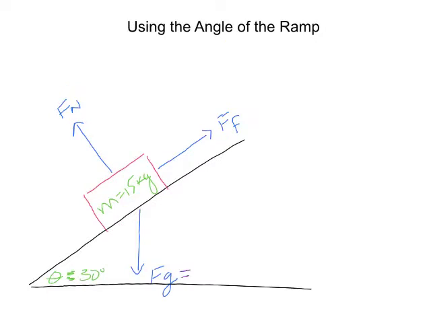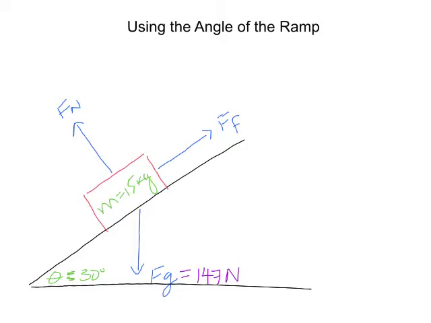I'm going to write in our 147 newtons here, but right now we have what looks like force of gravity pointing vertically down and then two angled other forces. Now, to make this easier on ourselves, you don't have to do components for the normal force and the frictional force.